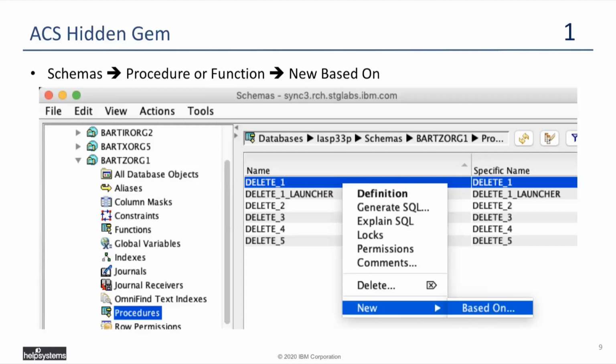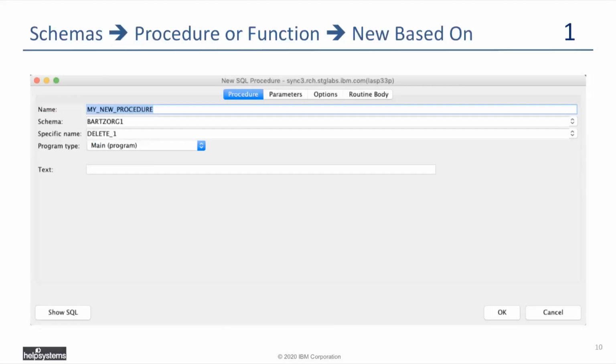So new based on. What you do here is you go through a series of tabs in a dialog. I first have found that this procedure, delete_1, is as close as I can find to the new procedure I want to create. So now this graphical dialog will let me customize it, which you have to do, right?